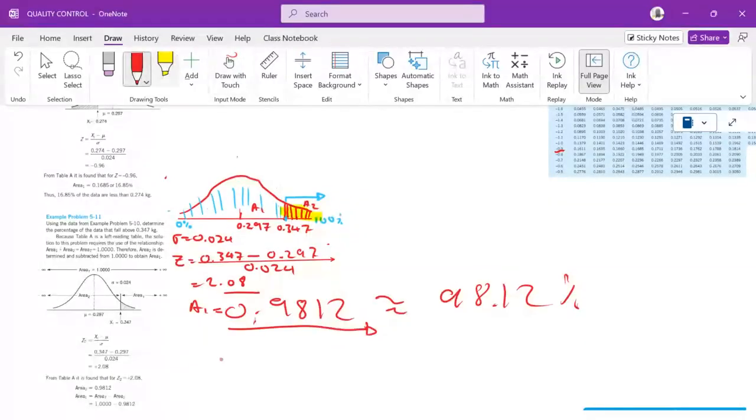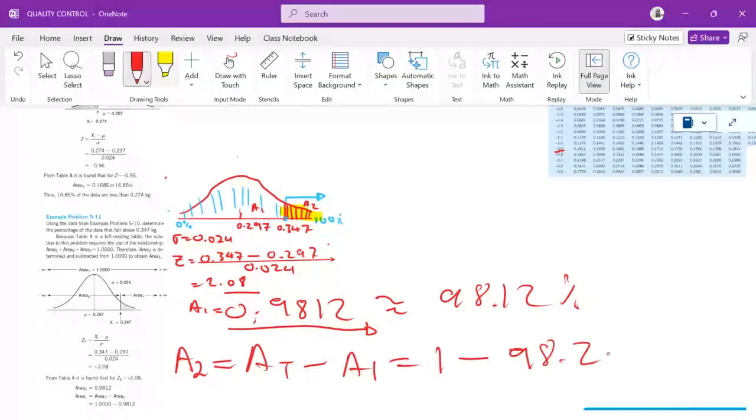Therefore, you're going to say, okay, this is area 1, and then to find area 2, it equals total area minus area 1, which is 1 minus 98.12. And you know that this is 100 again, so you can make it to be 100.